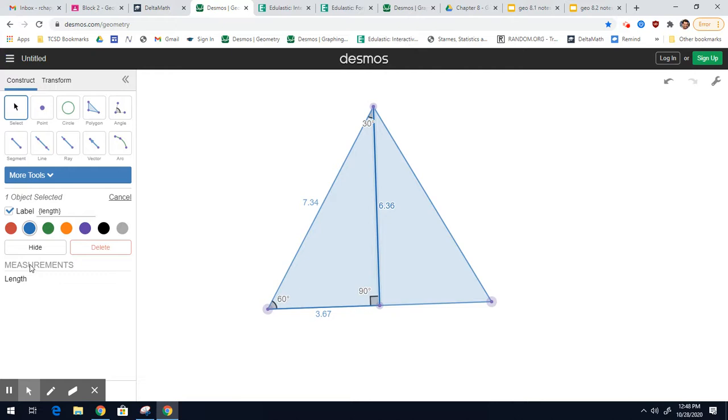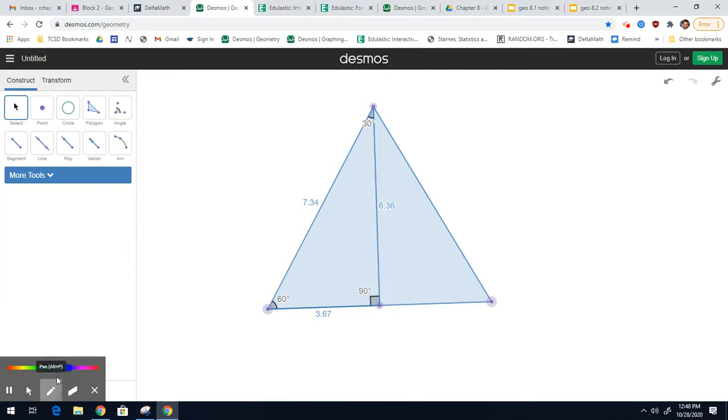So first off, we have to understand where the short leg is. This is your 30-degree angle. The 30-degree angle points to the short leg. That's the short leg. Call this x. And then the hypotenuse, which is across from the 90, is going to be 2 times x. And the long leg, which I always say is the third side, but the longer leg, is going to be x times the square root of 3.